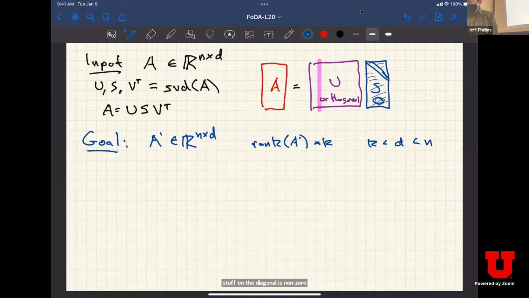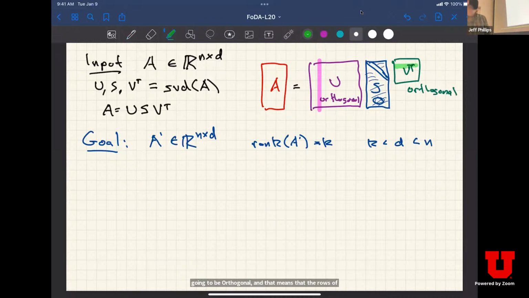And finally, we're going to get a matrix V transpose. And this is also going to be orthogonal, or V is going to be orthogonal. And that means that the rows of V transpose are going to be interesting. These rows are going to be the right singular vectors.